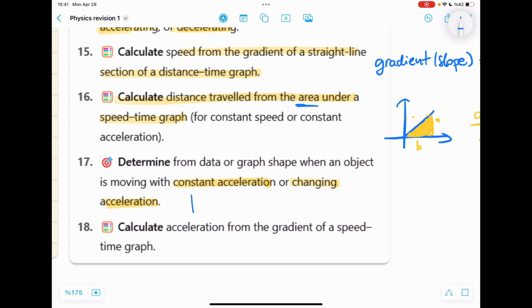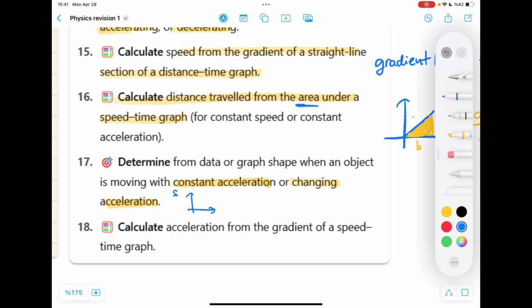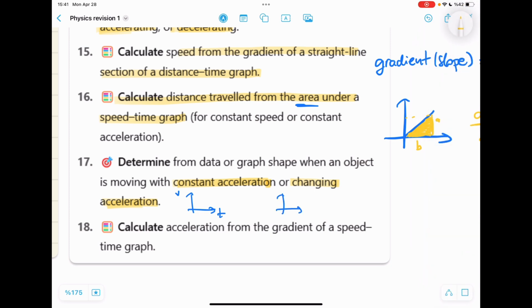Let's imagine this is a speed time graph. For constant acceleration in a speed time graph, it will look like a straight line going up, and changing acceleration will be some type of curve like this. It will not have a straight line.